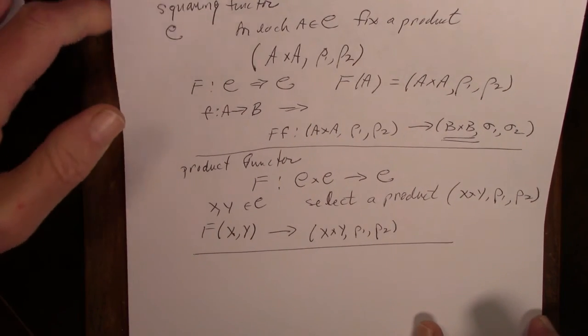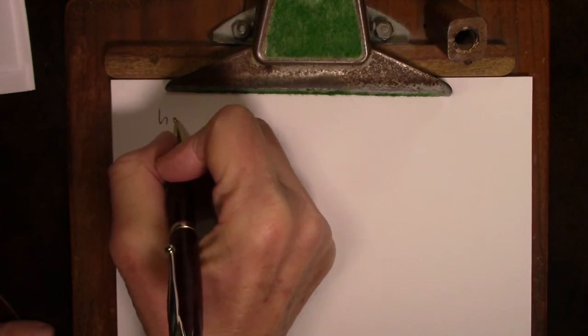I now come to perhaps the most important example of a functor, at least from the perspective of category theory itself, the theory of categories. And these are the Hom functors.